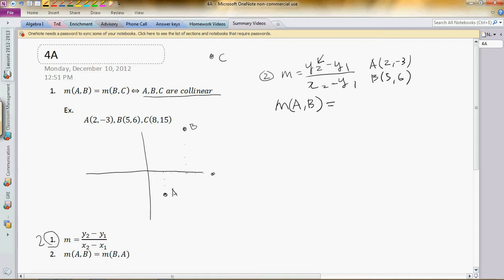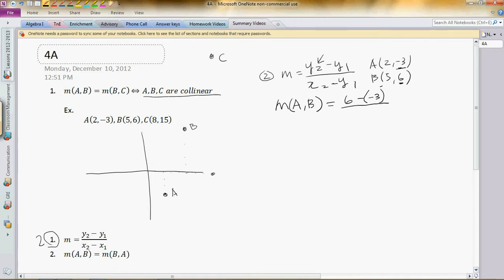So we subtract the second y, which is 6, minus the first y, which is the y coordinate of the first point, which is -3. Make sure you use parentheses right here, because so many people make mistakes right here.